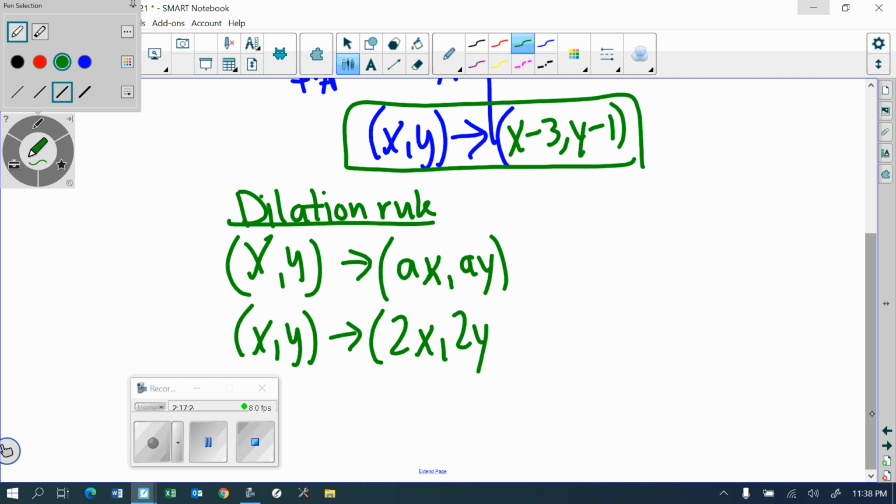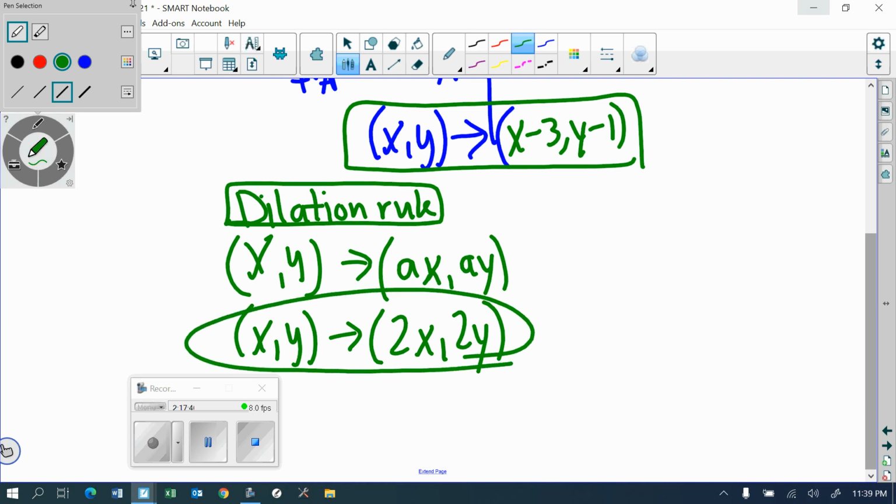I can't have 2x comma 3y or 5x comma 2y. It has to be the exact same coefficient, 2x comma 2y. That's a dilation. Now we've seen all those types of rules, and they usually have a question on the DCAS. It'll give you a bunch of rules. It'll say which one is a dilation rule. You're going to pick this answer right here when it gives you 2x comma 2y. Okay, just know that.